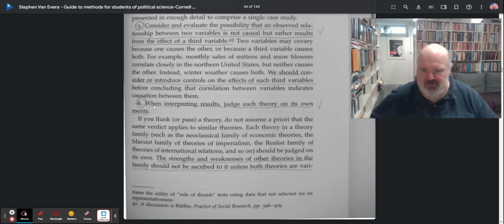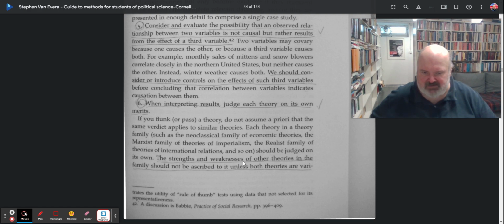Okay, number 6. When interpreting results, judge each theory on its own merits. If you flunk or pass a theory, do not assume a priori that the same verdict applies to similar theories. Each theory in a theory family, such as the neoclassical family of economic theories, the Marxist family of theories of imperialism, the realist families of theories of international relations, and so on, should be judged on its own.